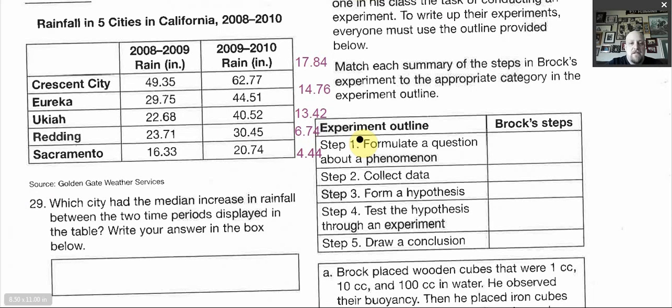So usually with these, they aren't asking you a ton of math, so they'll give you like a median, and here's your median right here, 13.42. And that's your median rainfall. Which is, let's see, that was, I believe, Crescent City.